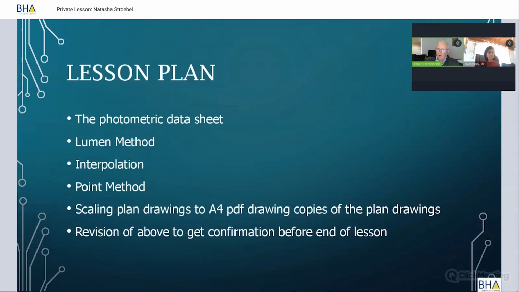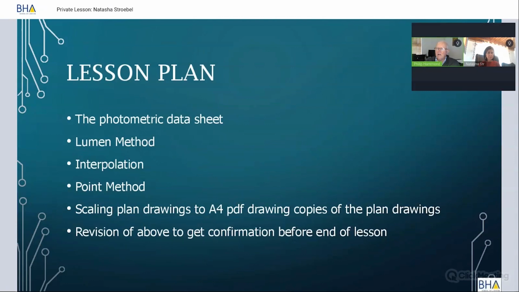It's a method of doing calculations for point devices, downlighters, for example. You want to do downlighters in a toilet. They are point devices. It's a waste of time trying to do a Lumen method calculation for a downlighter in a toilet. So we'll teach you that.